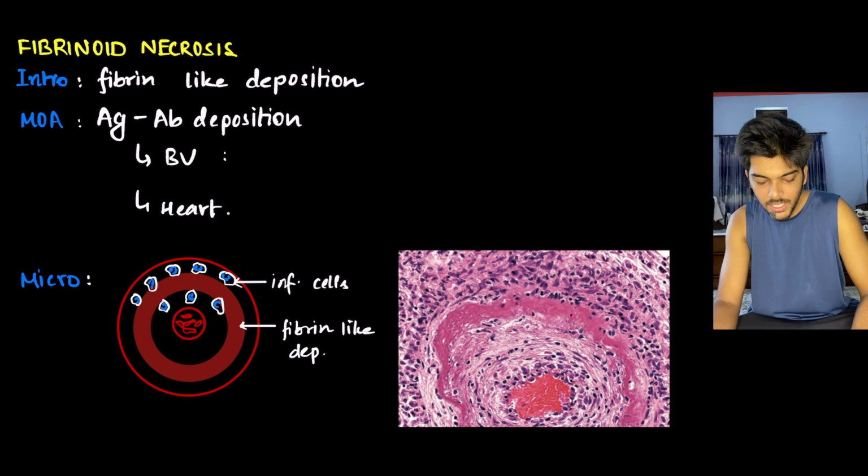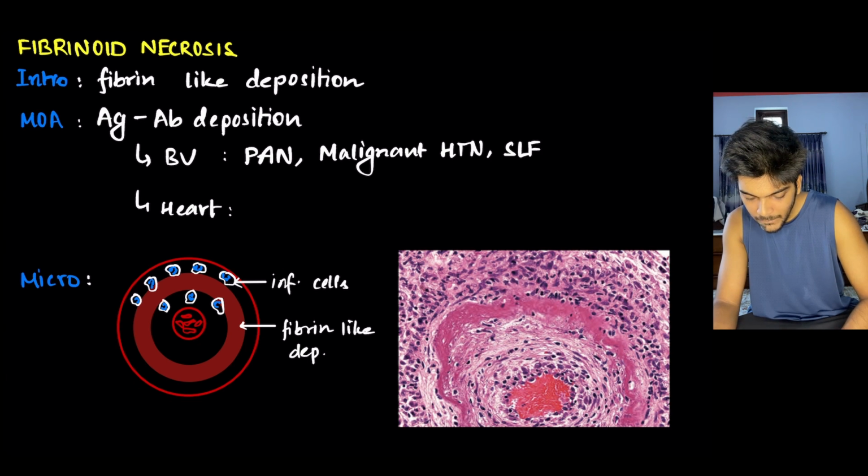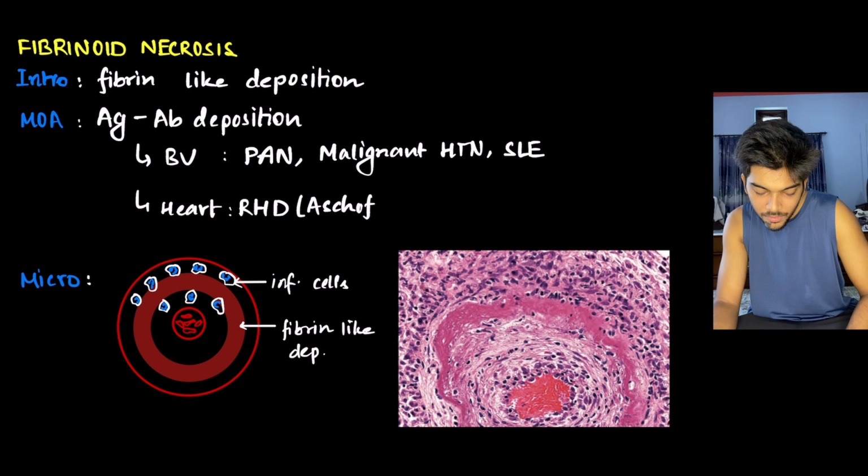In what cases? In blood vessel, in case of polyarteritis nodosa, in case of malignant hypertension, and in case of systemic lupus erythematosus. In case of heart, in case of rheumatic heart disease, at areas where there is formation of Aschoff bodies.